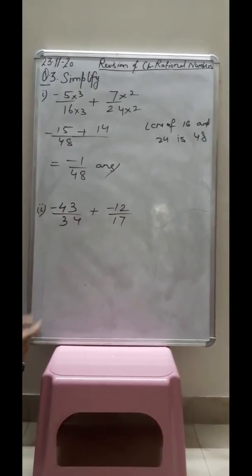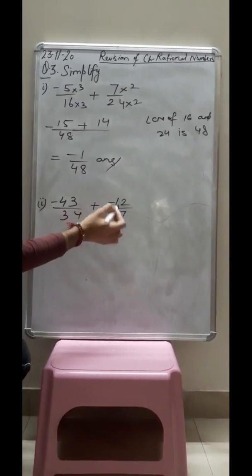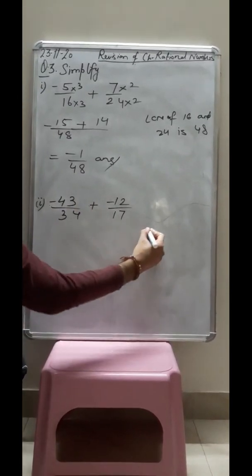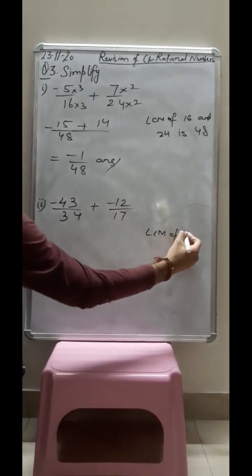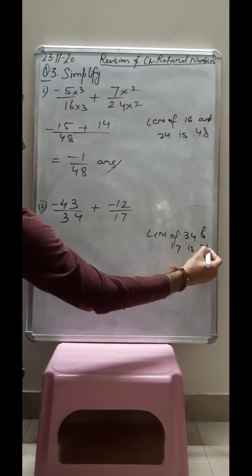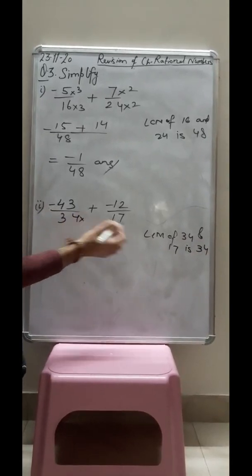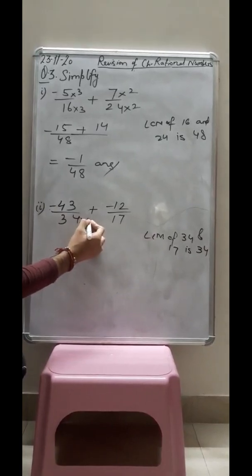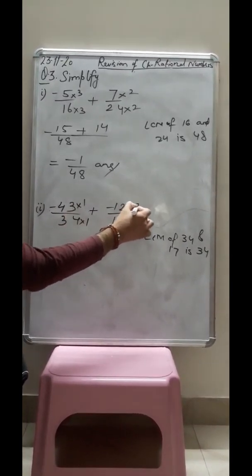The second part is minus 43 upon 34 plus minus 12 upon 17. So here again we have to take the LCM of the denominators 34 and 17. The LCM of 34 and 17 is 34. So now we have to multiply to make the denominators 34. Here it is 34 only, so we multiply by 1, and here it will get multiplied by 2.